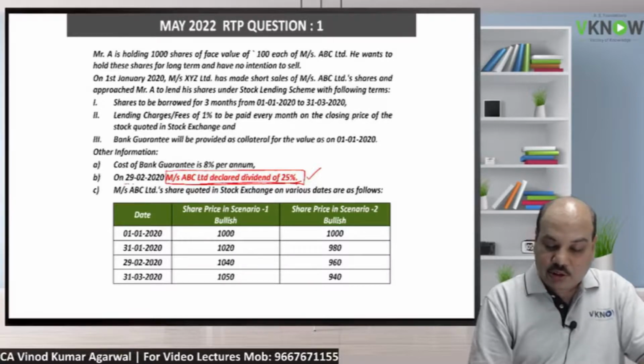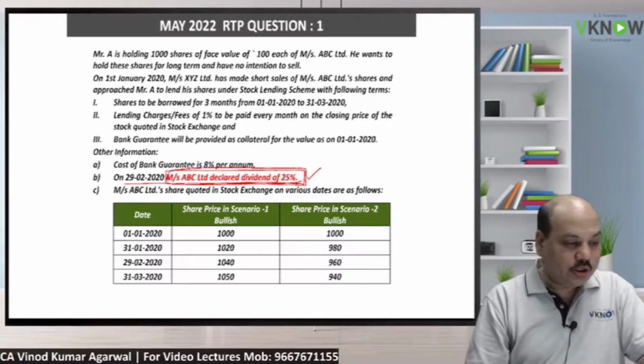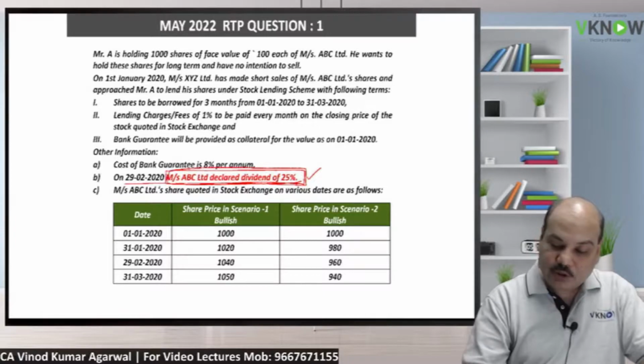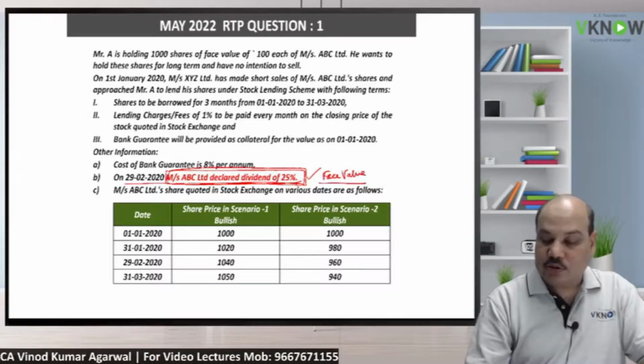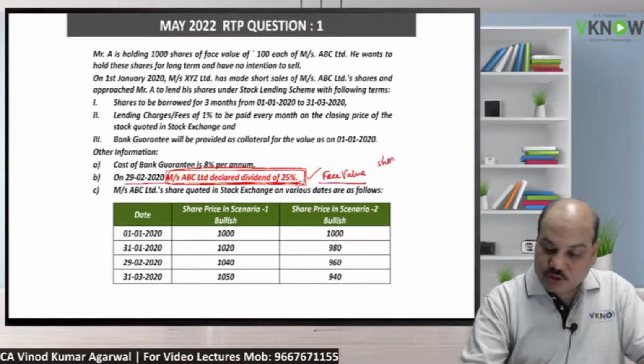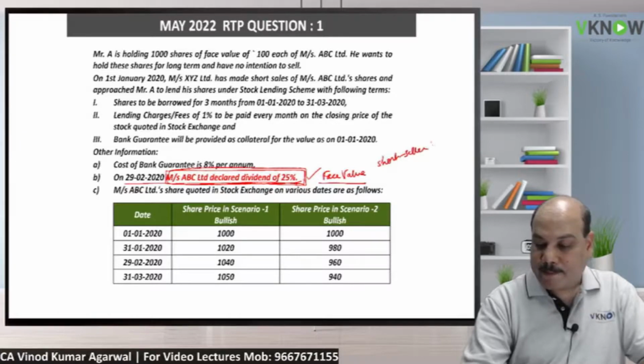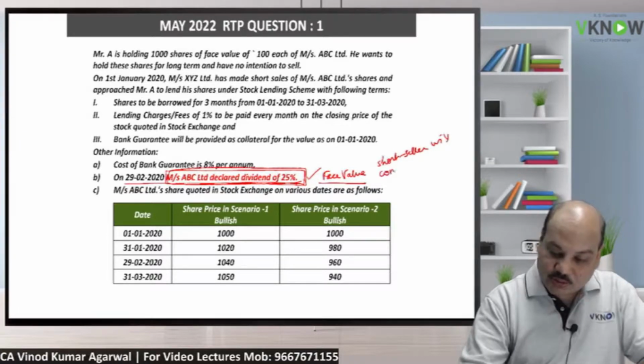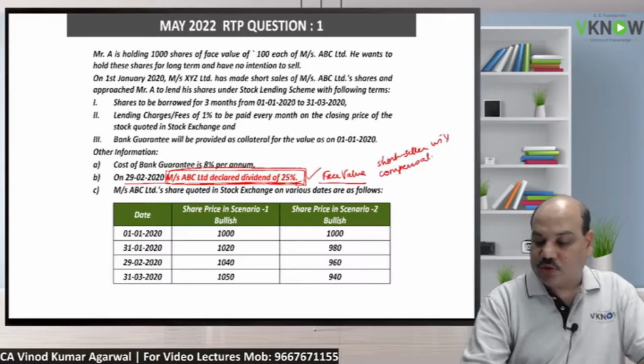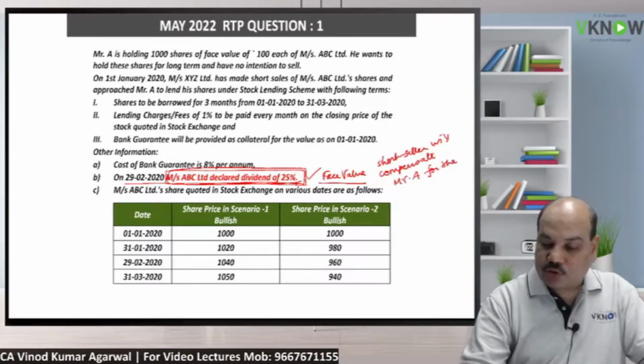On 29th March 2020, ABC Limited declared dividend of 25%. Dividend will be on face value. So what is the relevance of this? The short seller will compensate Mr. A for the loss of dividend.